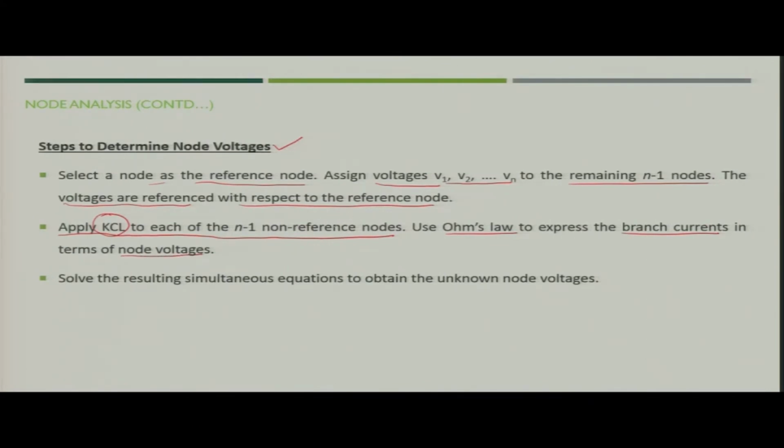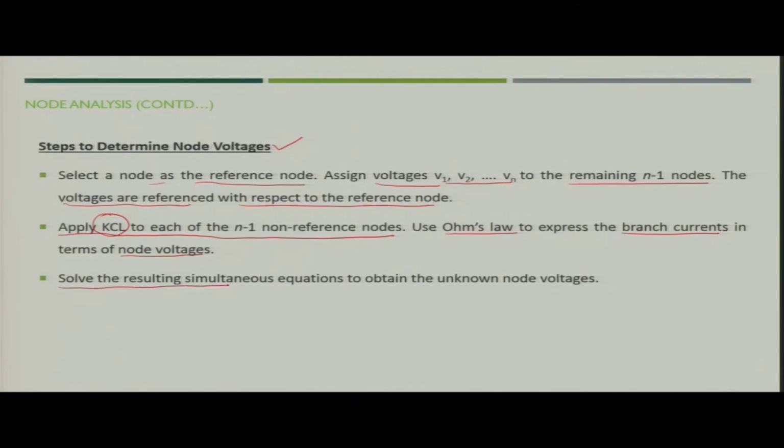You can write equations for all the non-reference nodes, but while analyzing the circuit you would be more concerned about the equations you write for principal nodes, because the equations for principal nodes are solved first, and then you can find the voltage values of the other non-reference nodes.